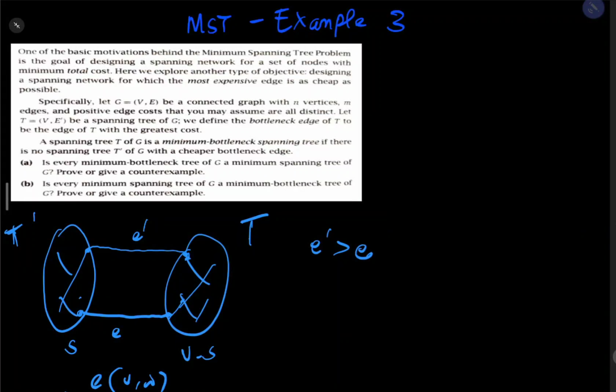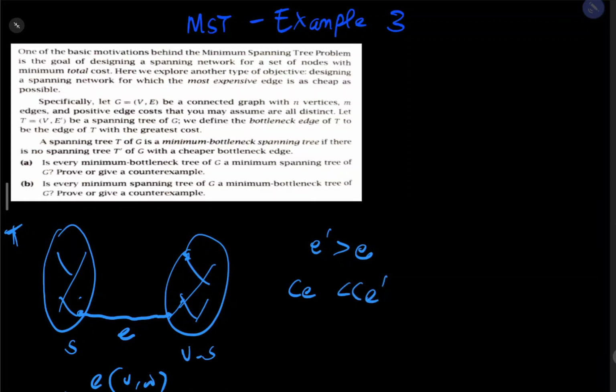It means that if we want to find the MST, considering these two different trees from the same graph, we are going to discard T prime, because it is more expensive, and choose the tree with E. That's because the cost of E is less than the cost of E prime.